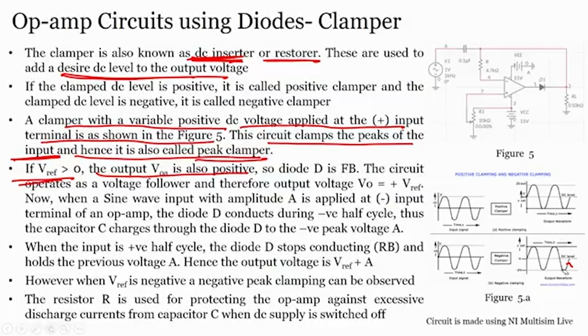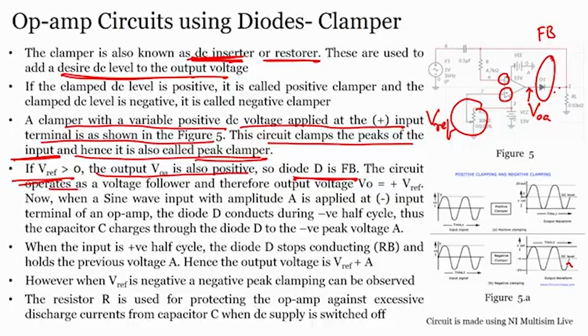What we are looking at is that if the reference voltage across this potentiometer is greater than 0, the voltage here is positive, and so diode D is forward biased. We write here V reference and VOA. Why is the diode forward biased? Because if this is more than the inverting terminal, you have a higher voltage at the anode and a lower voltage at the cathode.